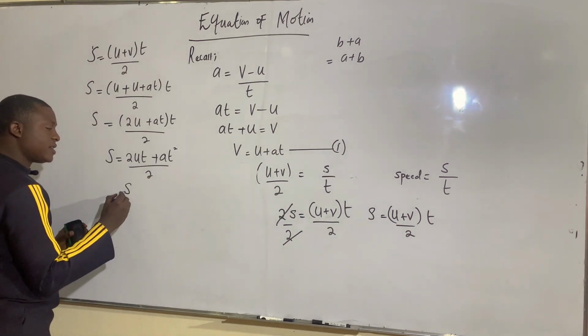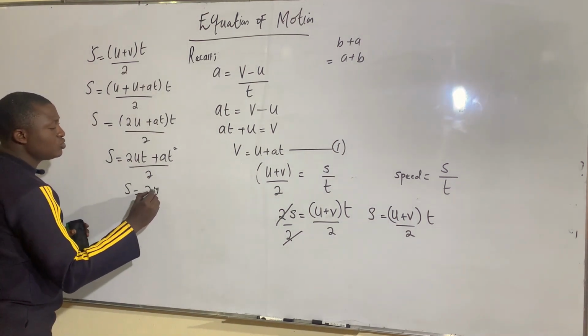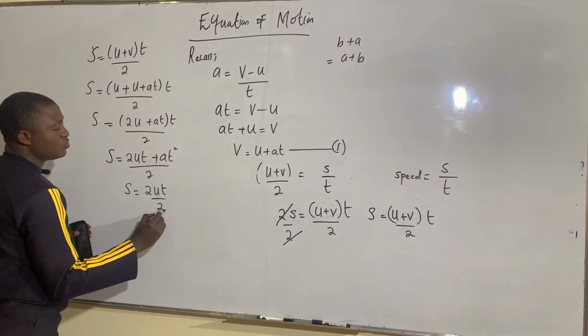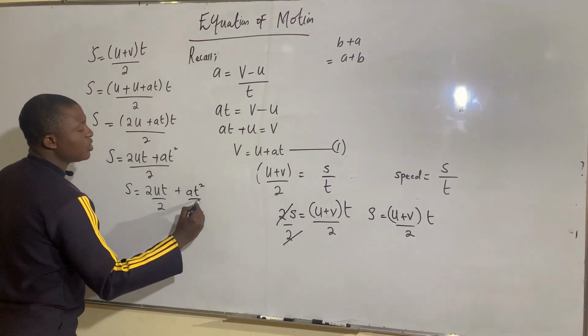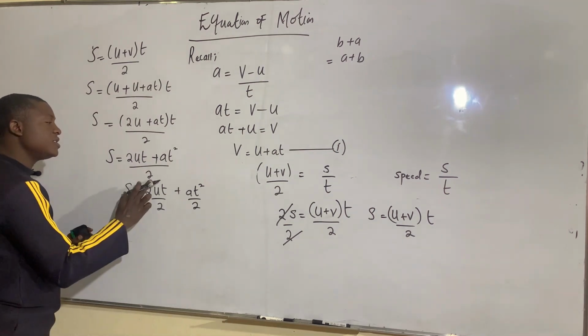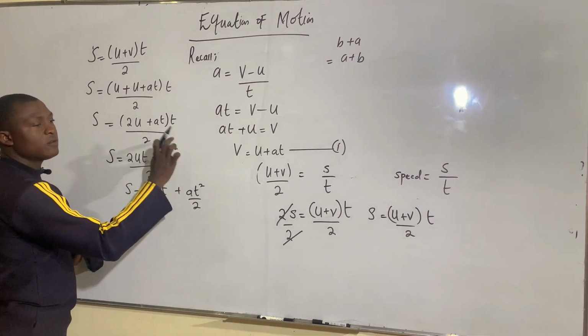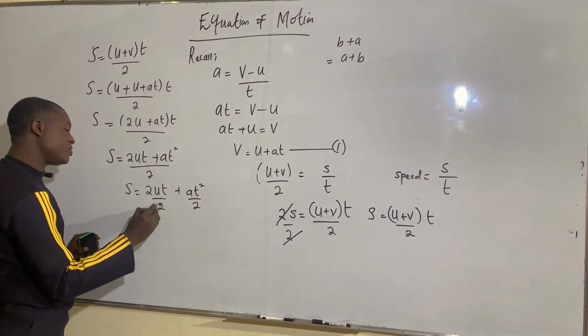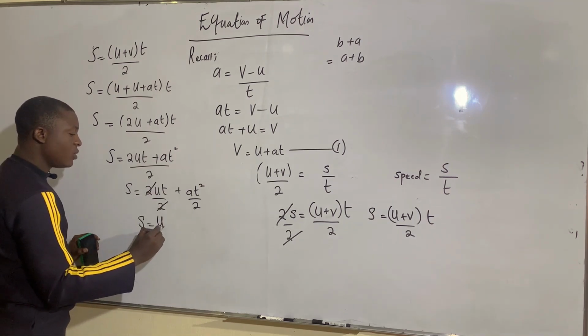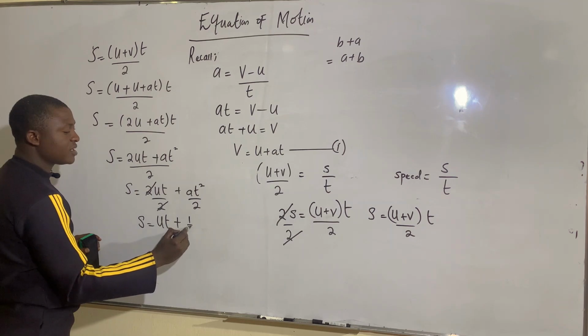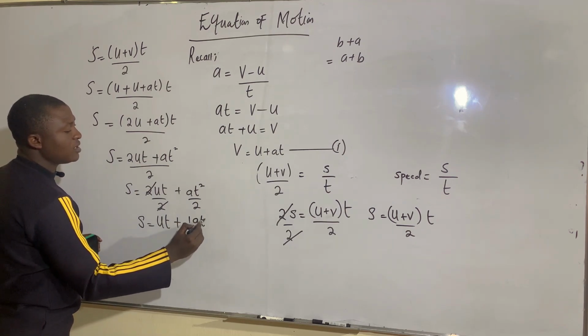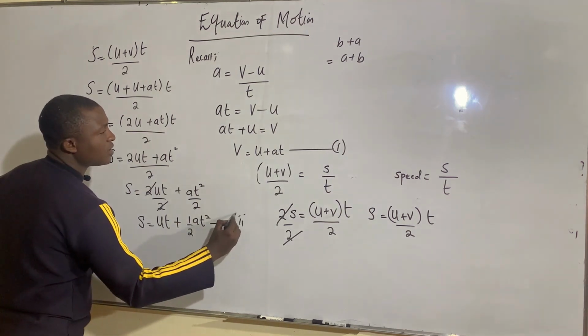So here we have x equal to 2ut over 2 for the first one plus at squared all over 2 for the second one, just like we split these 2 for the first one as well as for the second one. So that means here we have x is equal, if 2 cancels 2 here, to ut plus, this one is just like a fraction, I can have it as 1 over 2 at squared. So this is for the second equation.